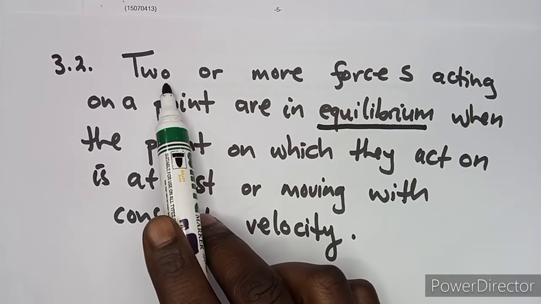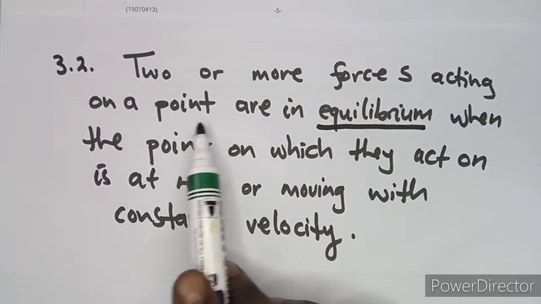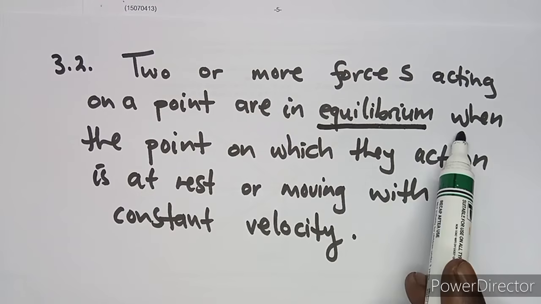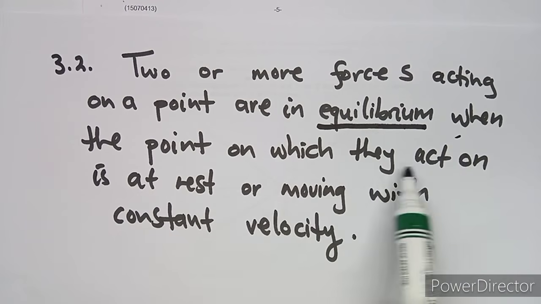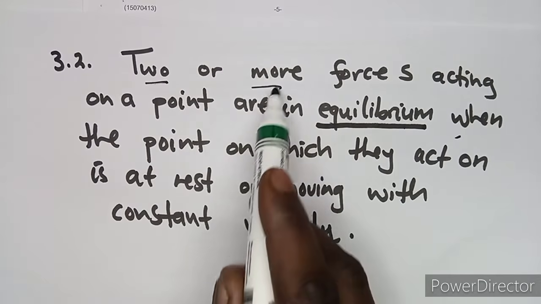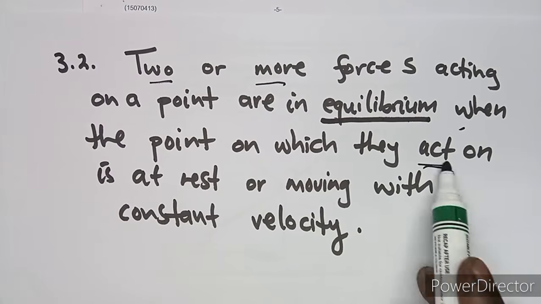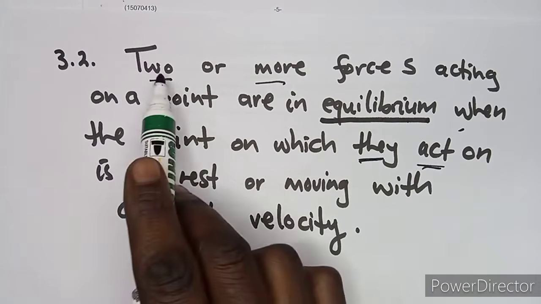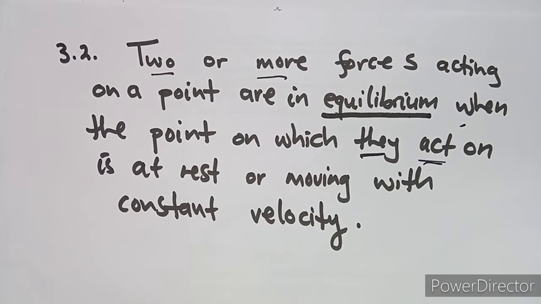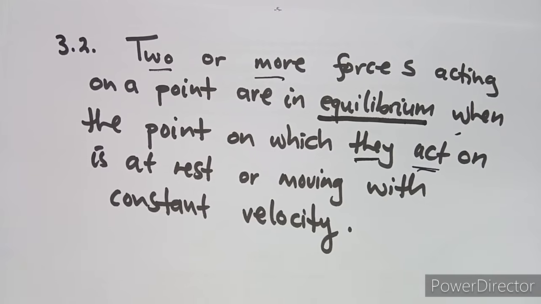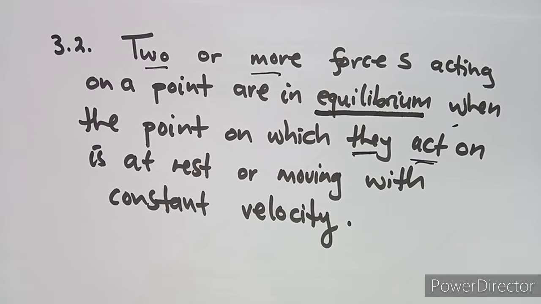So let's start here: 2 or more forces acting on a point are in equilibrium when the point on which they act is at rest or moving with constant velocity. Okay, so I think this is pretty clear. You can cross-check from this information, but that is the idea.